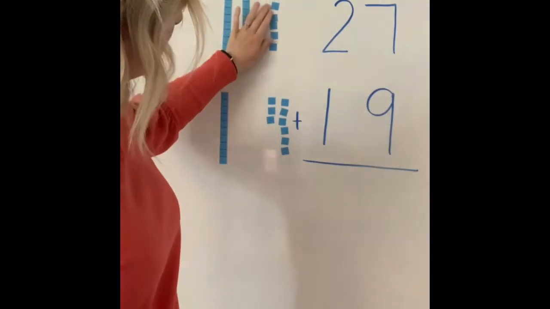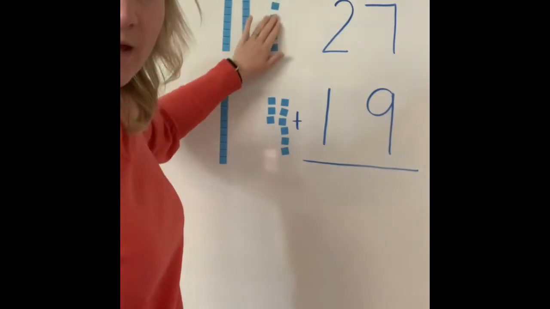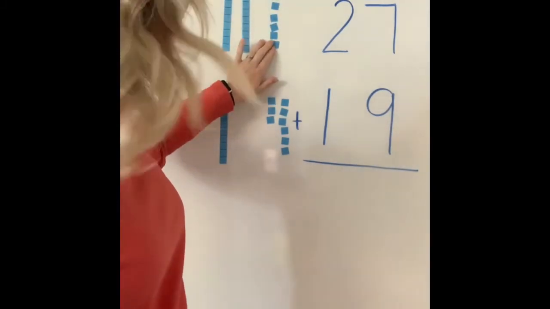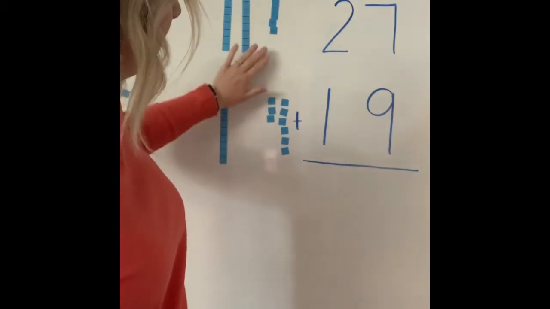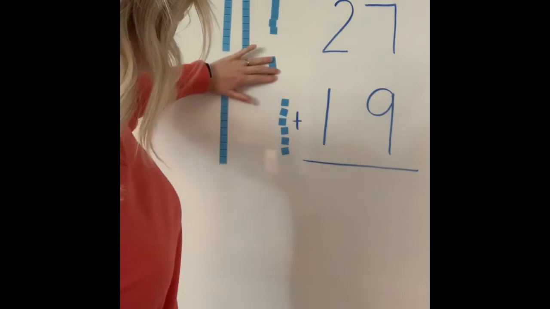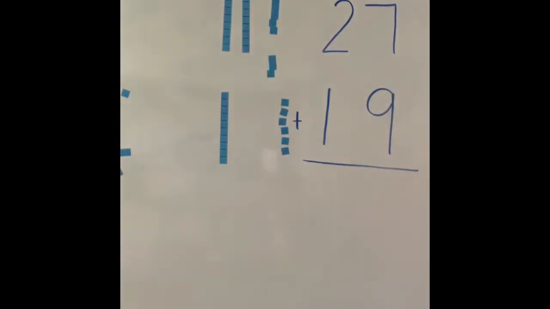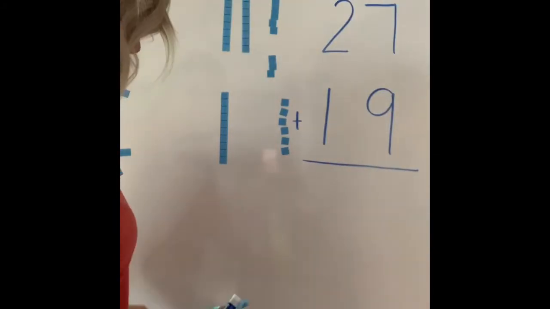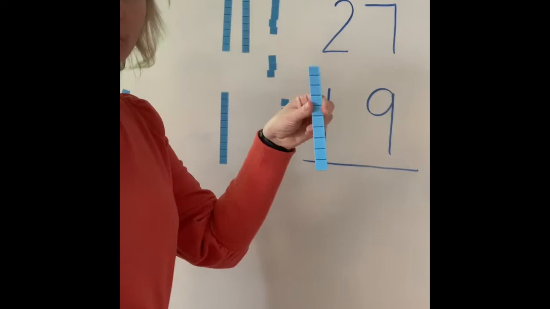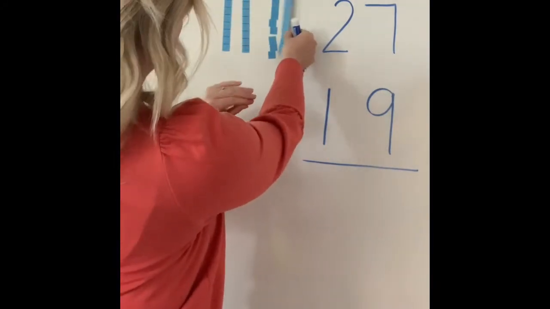If I have 7 up here, how many more do I need to make that a 10? So instead of all these ones all by themselves, I'm going to add 3 more to make 1 tens block. So this would be the same as one of these, right?